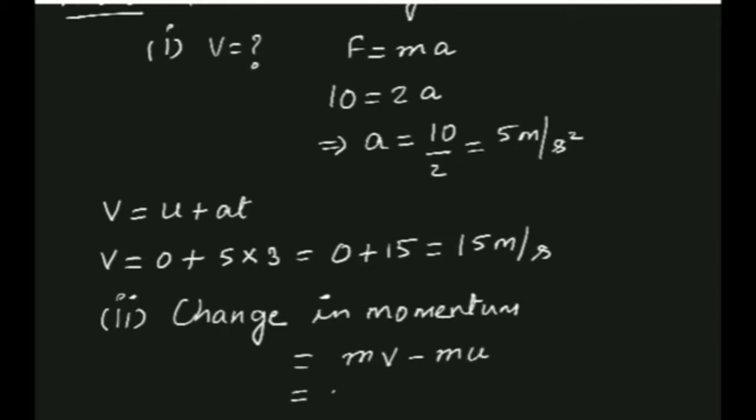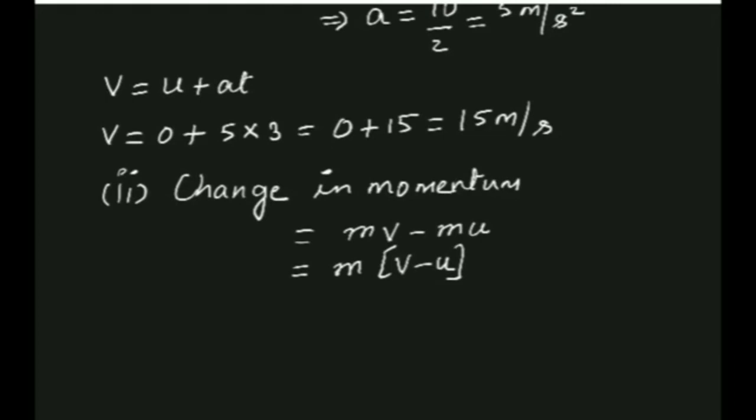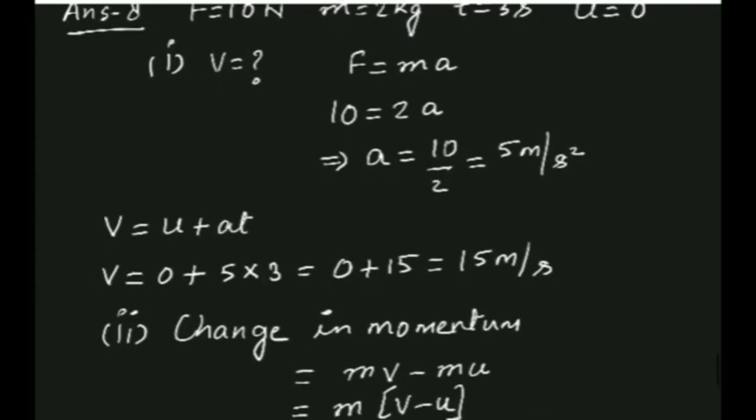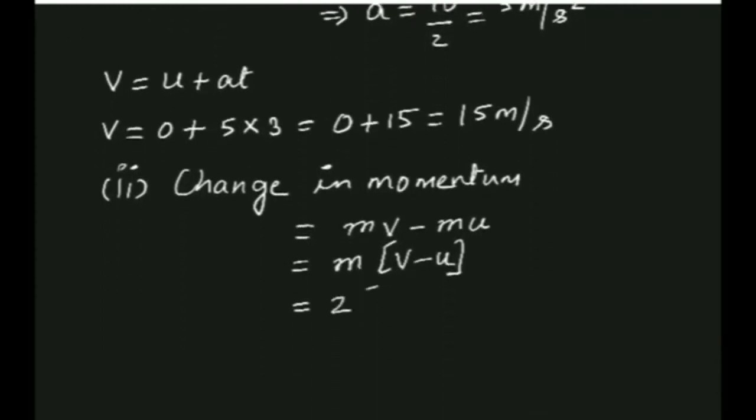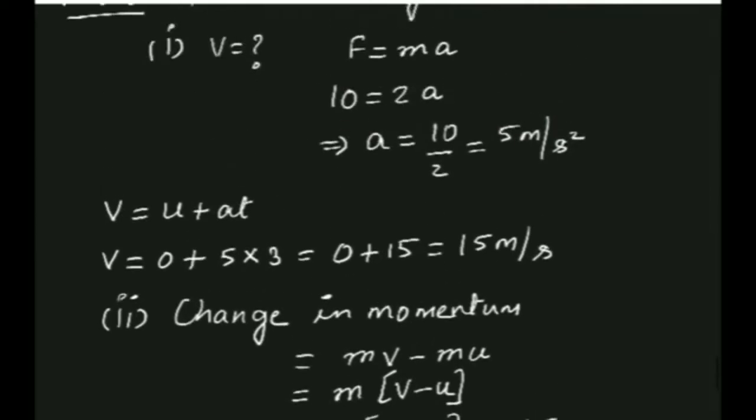So m is common, so m(v minus u). Now put the values. What was the m? 2 kg. So 2, v is 15, u is 0, so 2 into 15, or you can write 30 kilogram meter per second. So question number 8 is solved now.